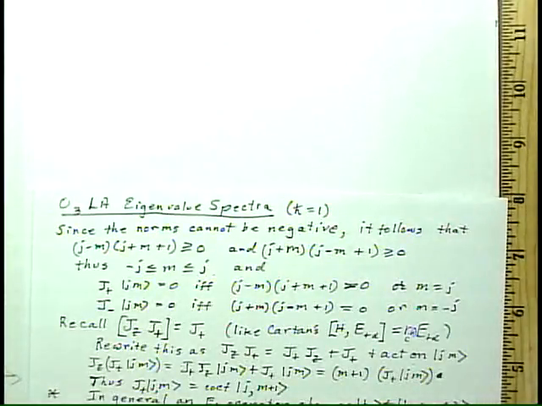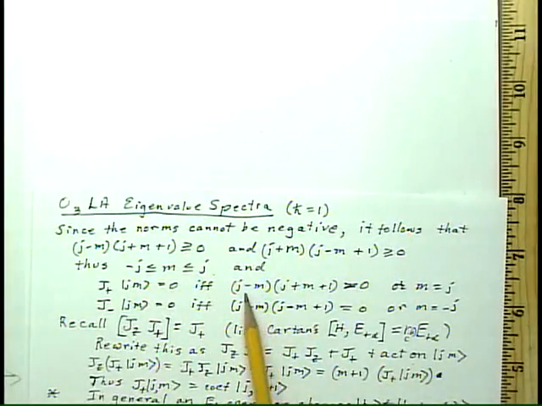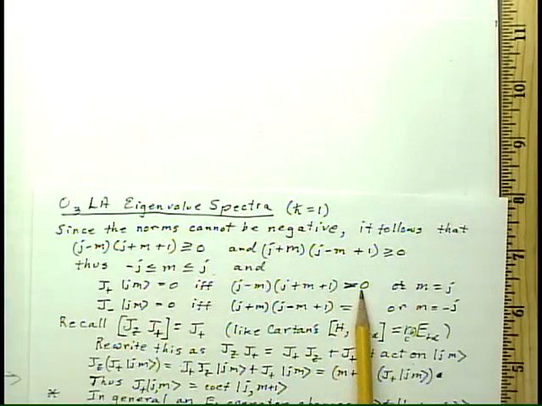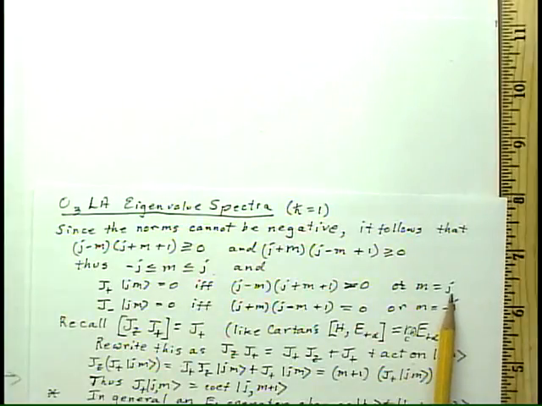I've written it out explicitly right here, and we can see that J plus times the vector jm can be 0. In other words, the norm of a vector can be 0 only if the vector itself is 0. And that can happen if and only if the quantity that multiplied the right-hand side was equal to 0 exactly. And that can equal 0 only if m is equal to j.